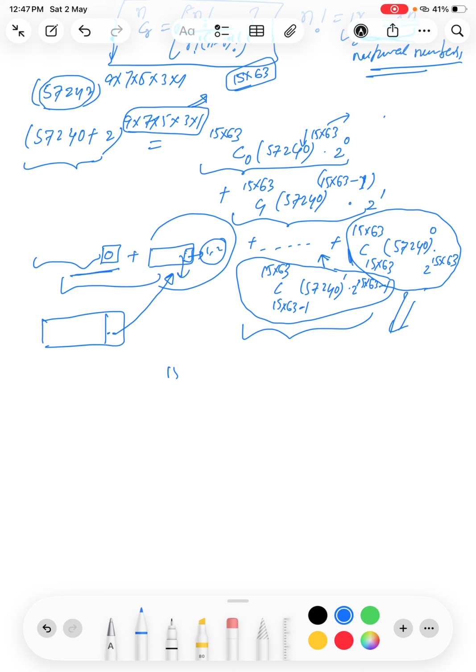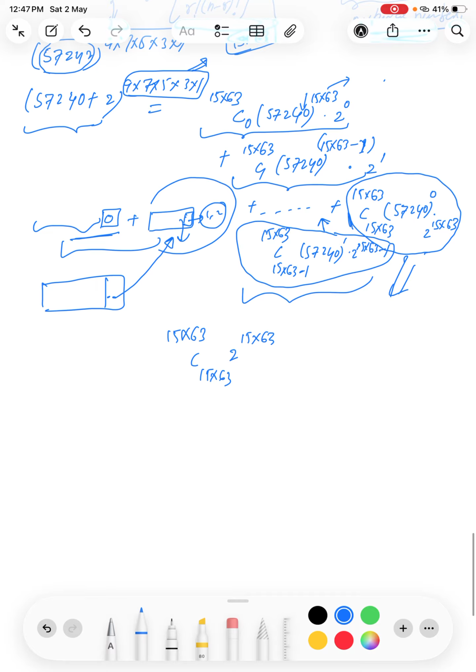So 15 into 63 C 15 into 63, 2 to the power 15 into 63, because something to the power 0 is equal to 1. We'll just look at this expression, which is nothing but 2 to the power 15 into 63. We can easily find the unit digit of this number.